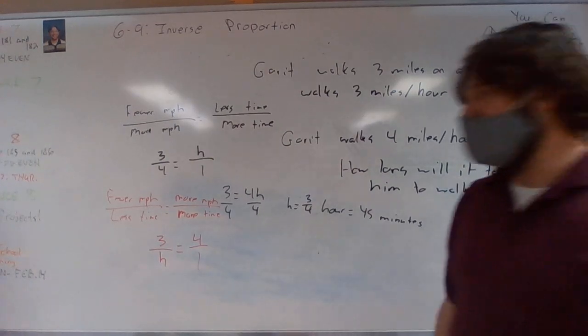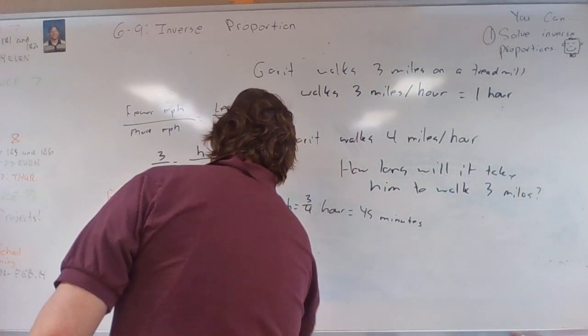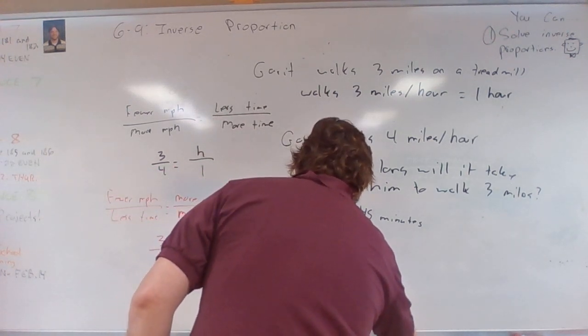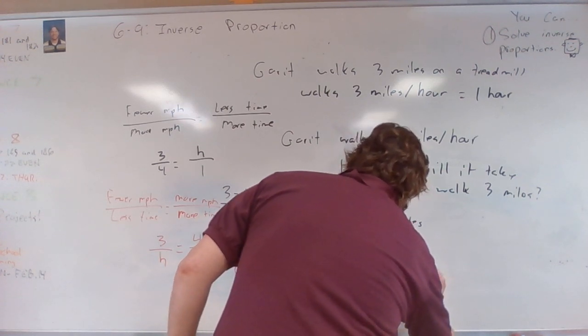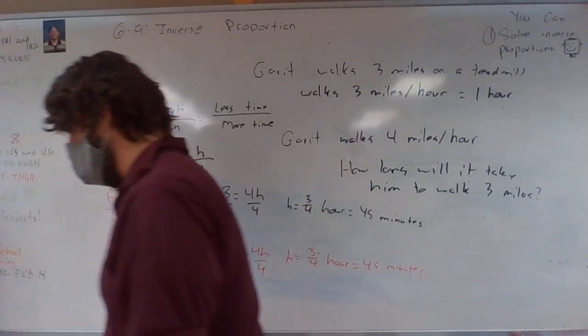And I can go through and use my same process. 3 equals 4h, divide by 4, divide by 4, h equals 3/4 of an hour, or 45 minutes. So both of these are perfectly acceptable ways to go about doing it here.